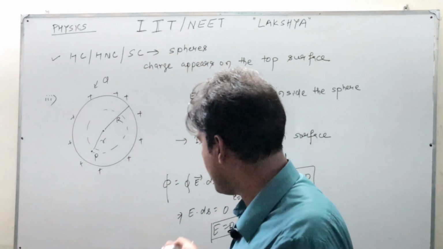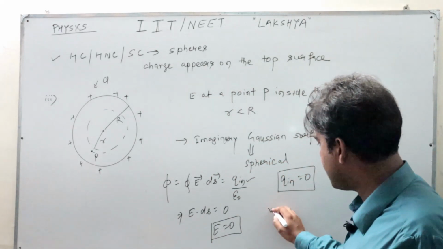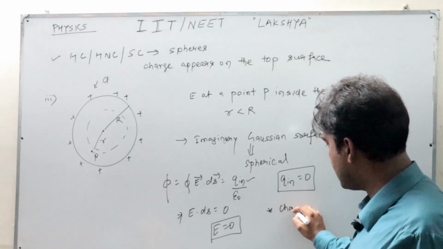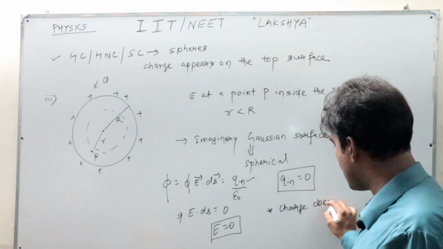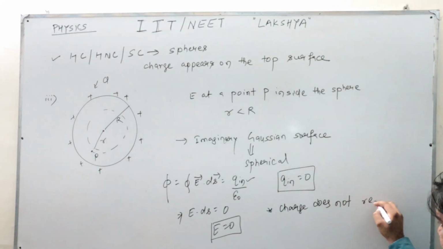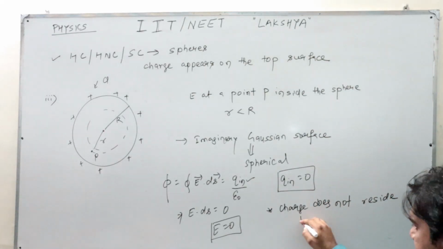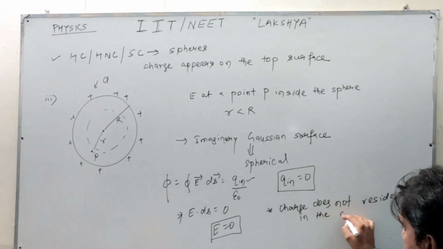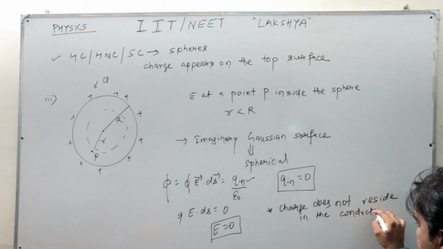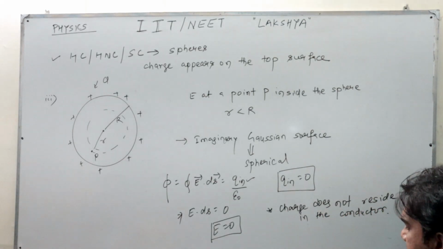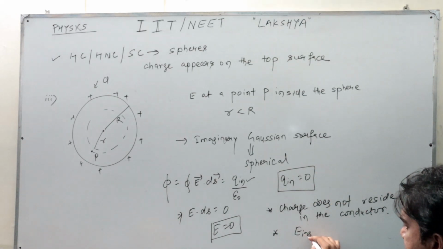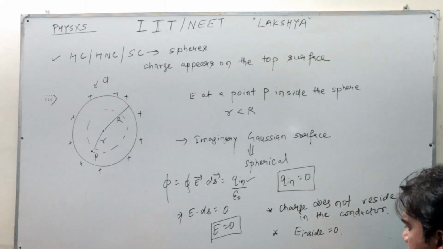So from here we get a very important point, that charge does not reside inside the conductor. It appears on the top surface, and the electric field inside is 0.